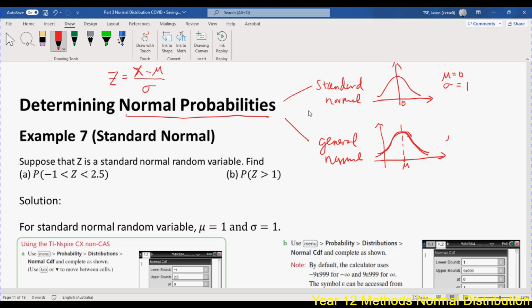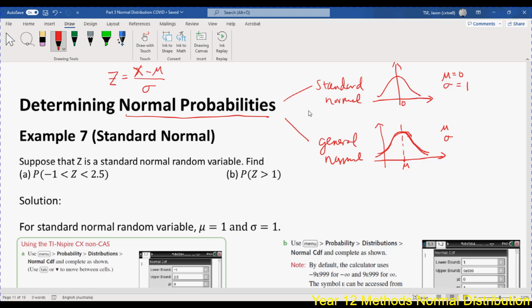It could be anything, all right? It could be any value for the mean and also for the standard deviation sigma. But pretty much they are using the same idea.